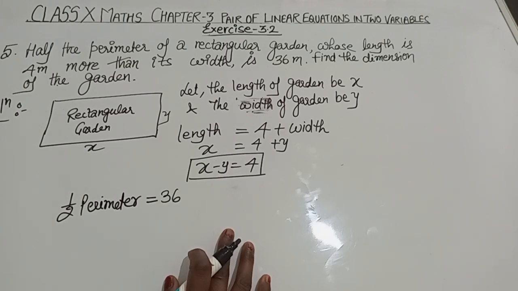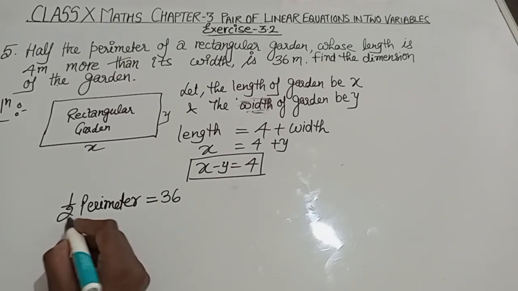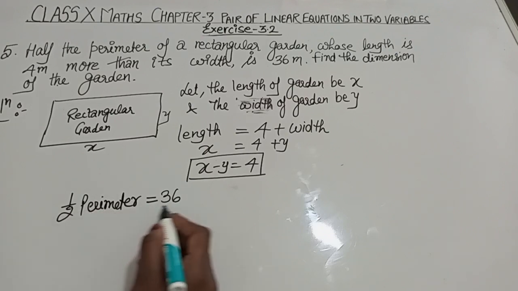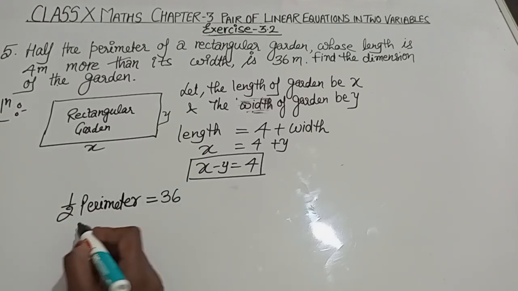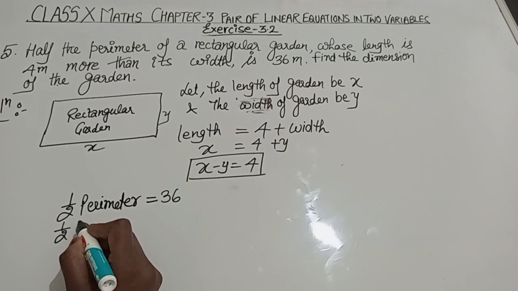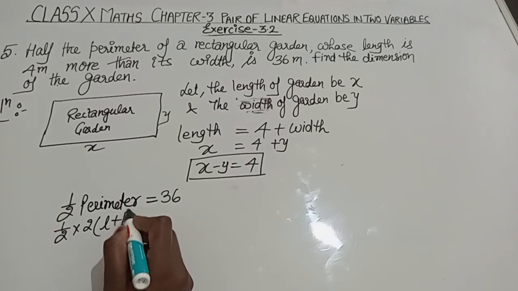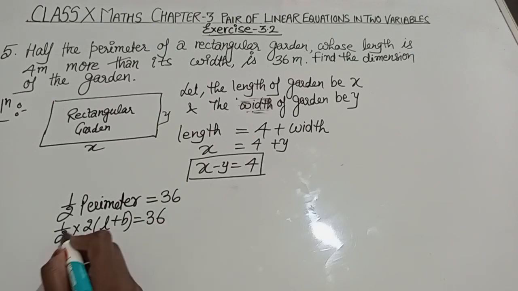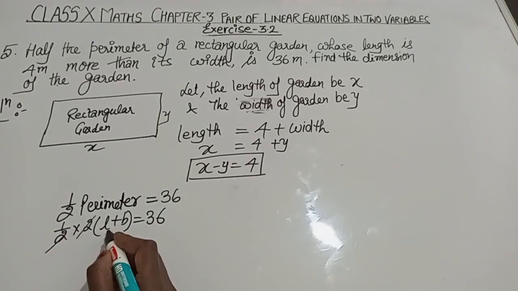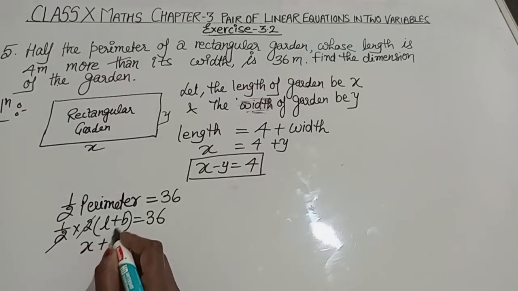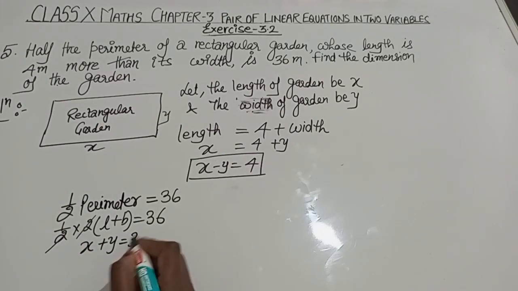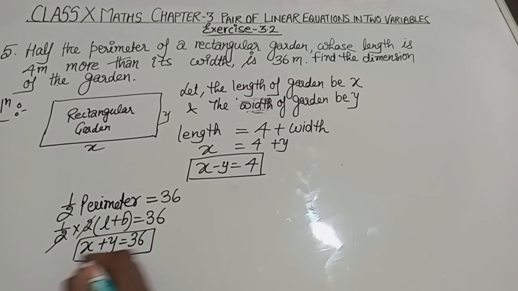Find the dimensions, it means find the length and breadth. So half of the perimeter is 36. Half of the perimeter of the rectangle is (2l plus 2b) by 2, which is l plus b, equal to 36. So with L as x and B as y, x plus y is equal to 36. This is equation number 2.